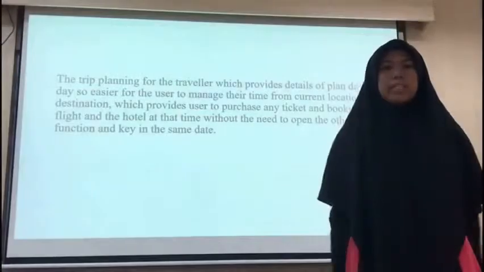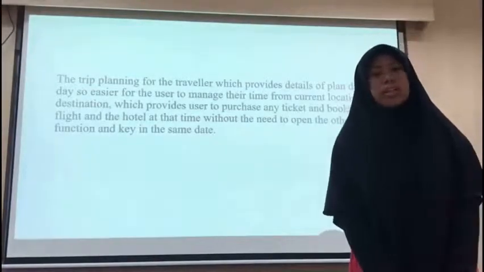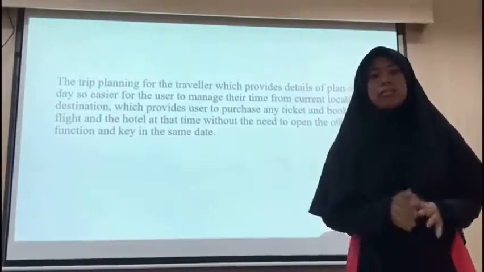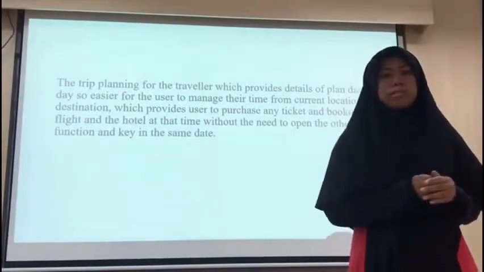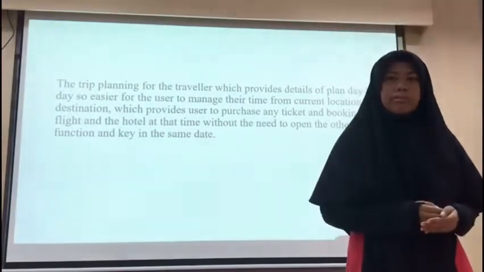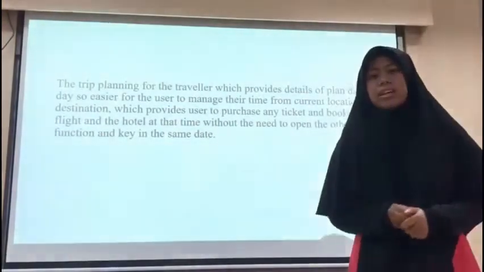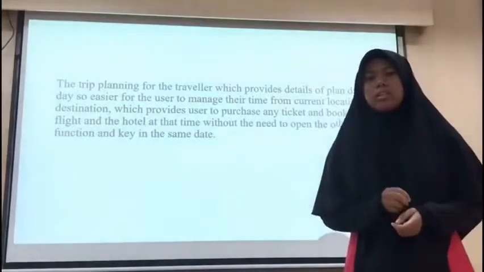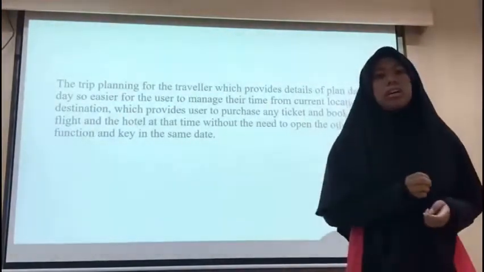So my suggestion is trip planning, which provides a plan day by day, making it easier for users to manage their time. Also, let users purchase flight tickets without keying in the same date again in another function.